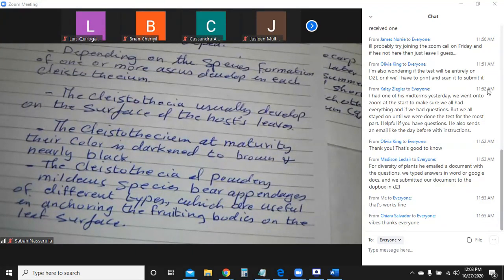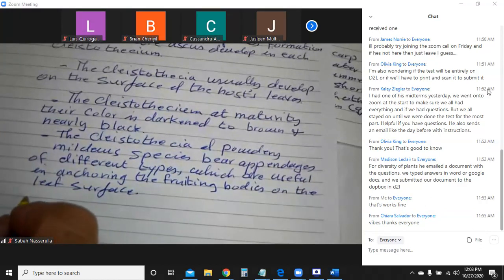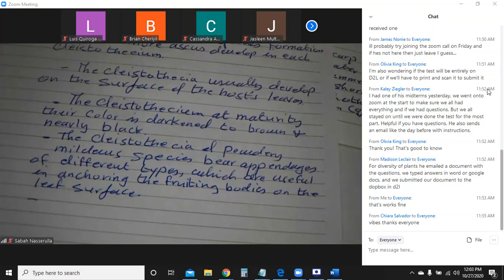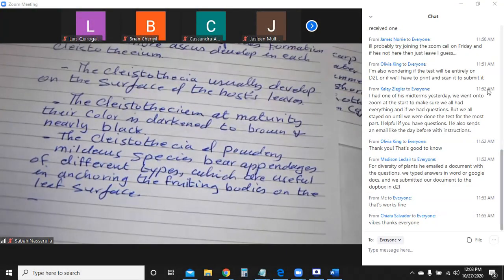And as I mentioned to you, these two characters, the number of the asci in the cleistothecium and the pattern of these appendages, help us to differentiate between the different species of the powdery mildew.